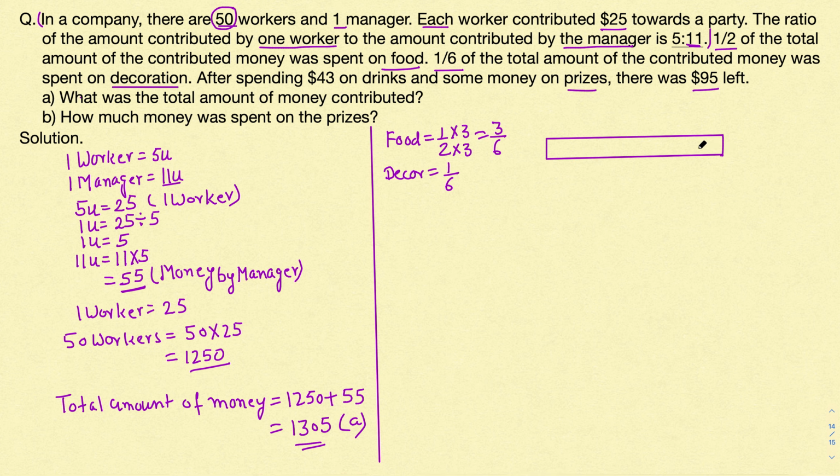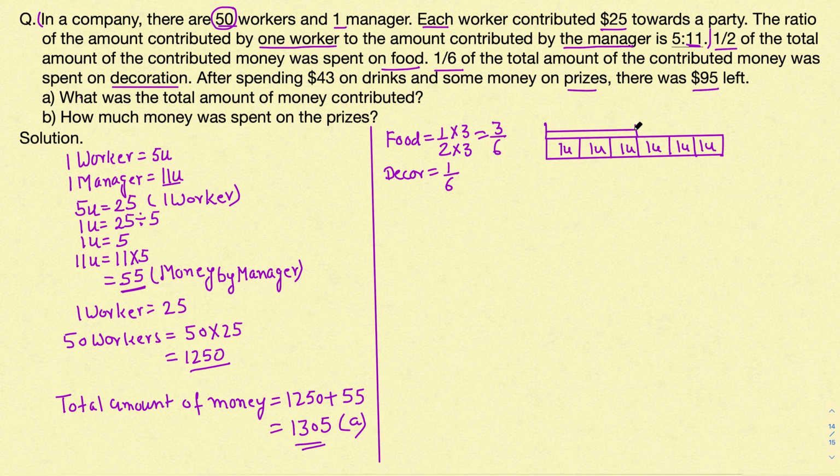Let's divide it equally: 1, 2, 3, 4, 5. That will equally divide it into 6 parts. Let's label it quickly: this is 3 units, 4 units, 5 units, and 6 units. Out of 6, 3 are spent on food, so 1, 2, 3 are spent on food.